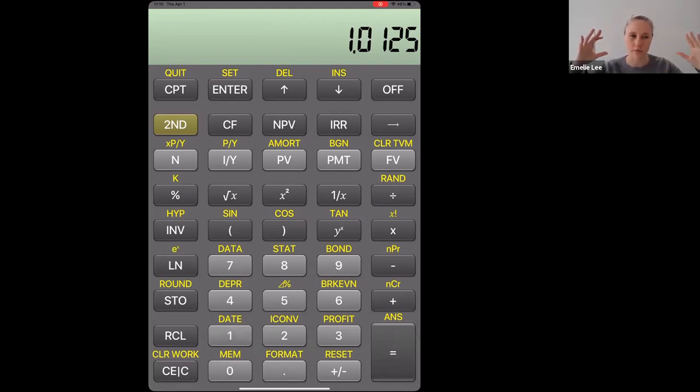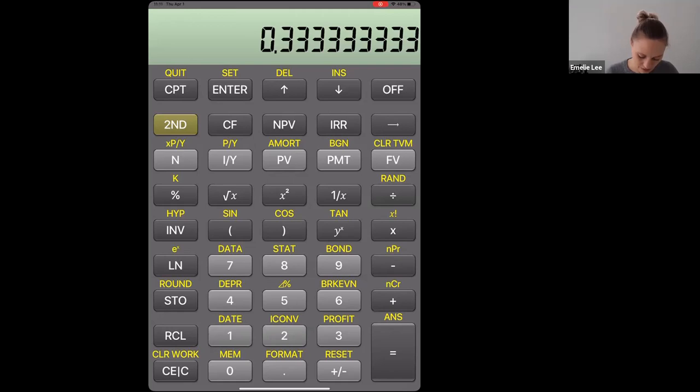So I have to use brackets, and if you don't use brackets, then it doesn't work. So that's to the power of bracket 4, divided by 12. The hard part with this calculator is it doesn't show you what you've hit, but that looks reasonable. So then minus 1.